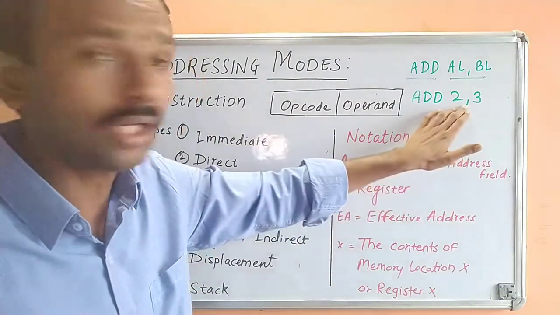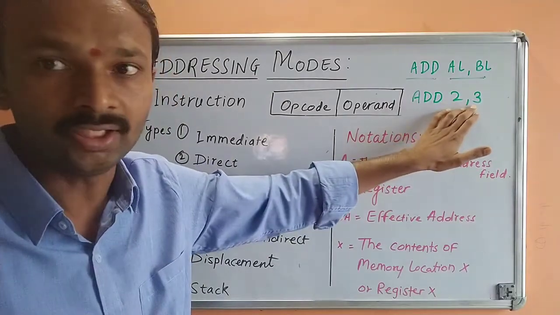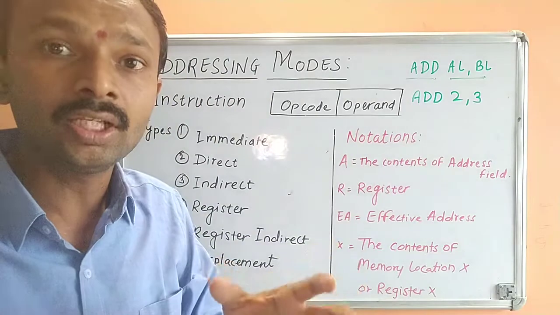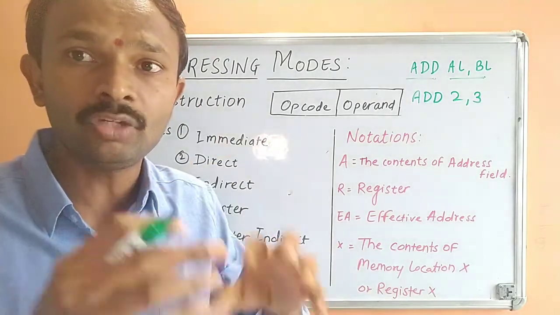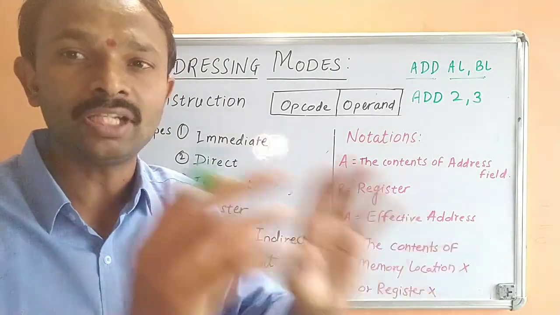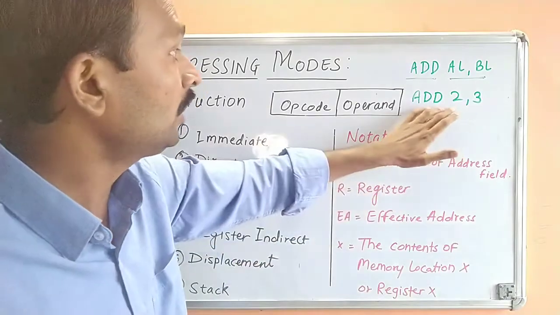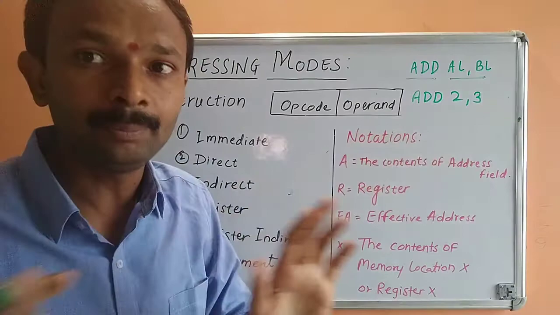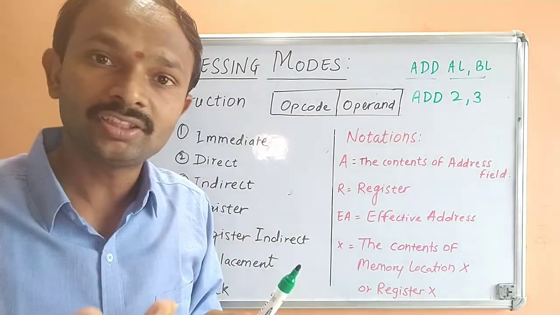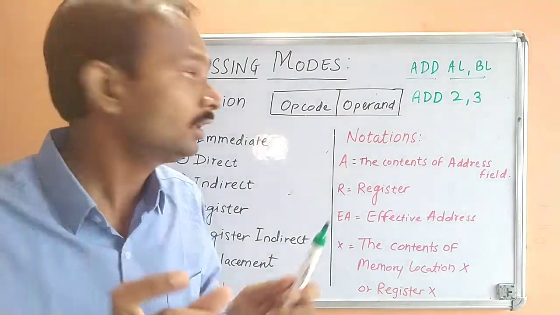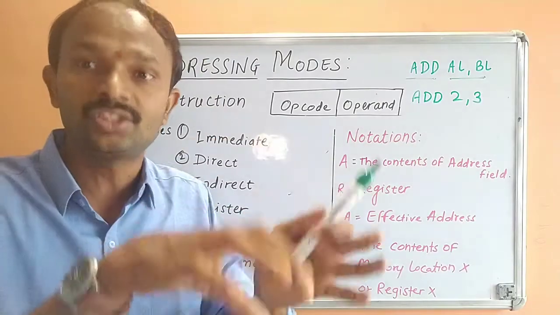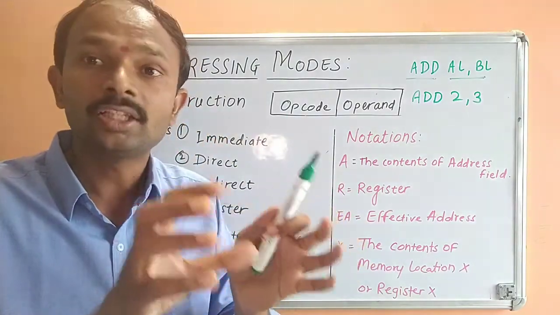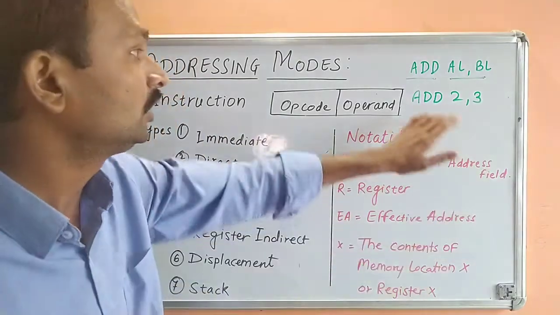We can never write the instruction add 2, 3, because that is the language we use in day to day life. For the processor, add 2, 3 does not have any meaning. The processor understands the contents of the registers, because the processor has its storage units, which are nothing but the registers.